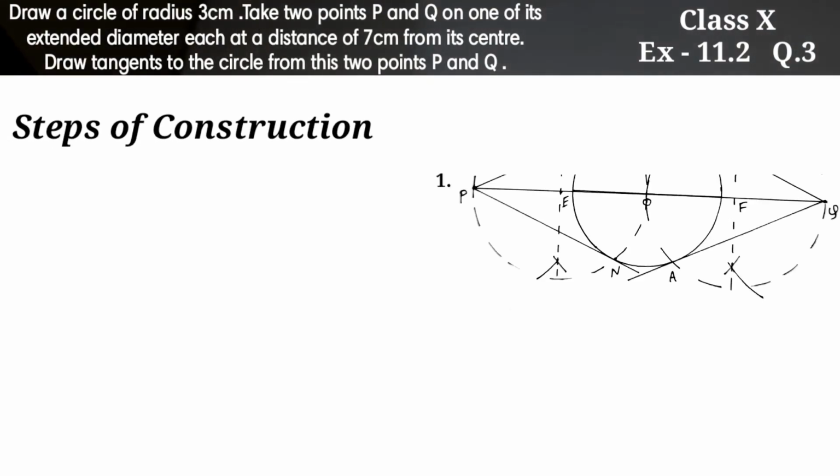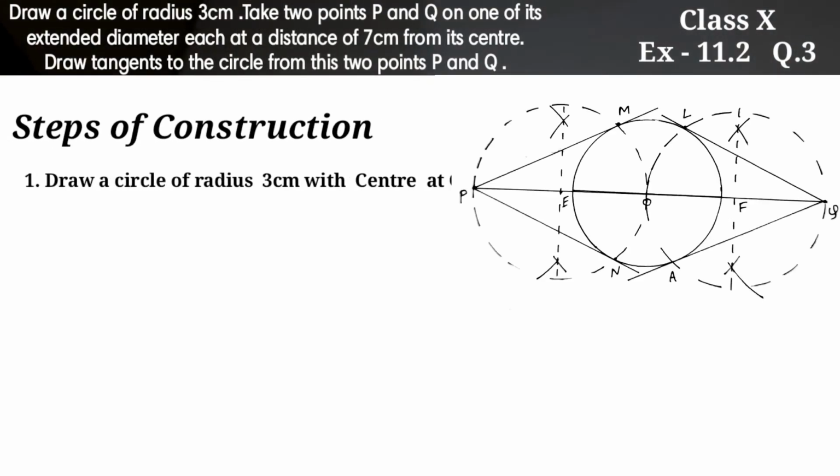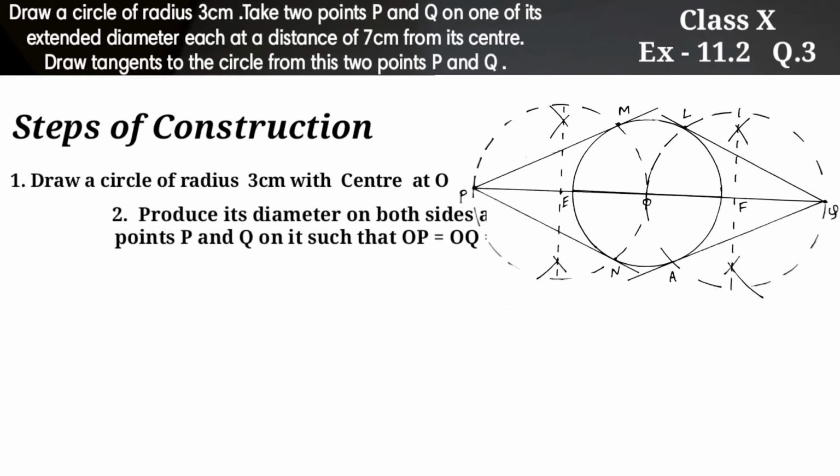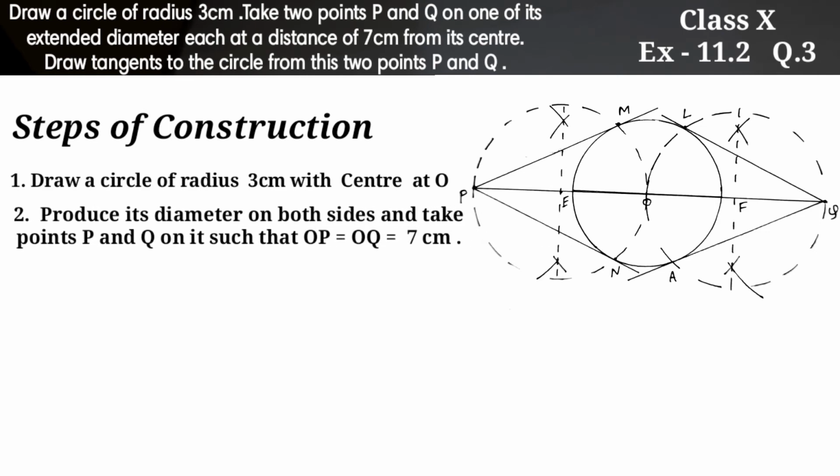Draw a circle of radius 3 cm with center at O. Produce its diameter on both sides and take points P and Q such that OP equals OQ equals 7 cm.